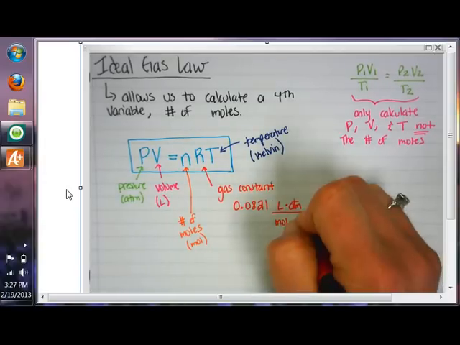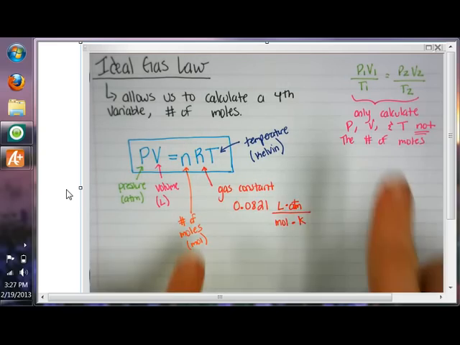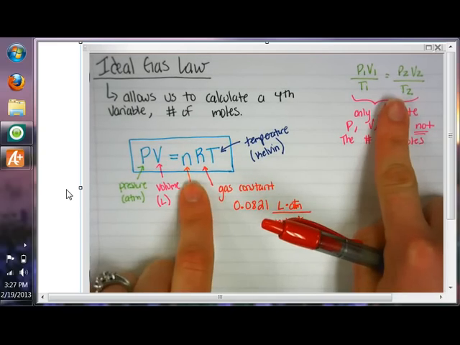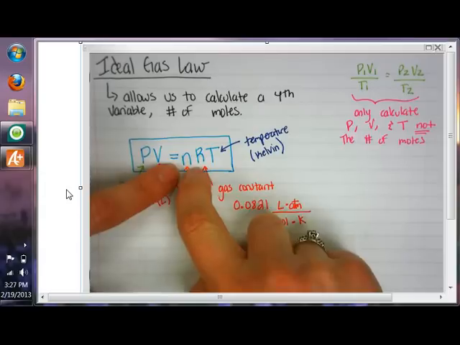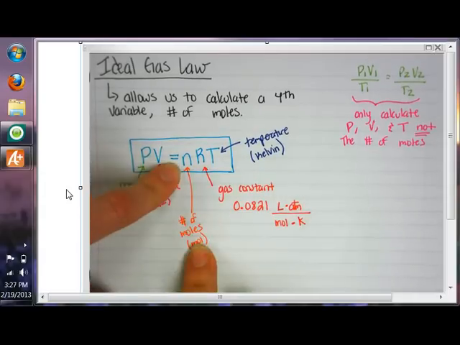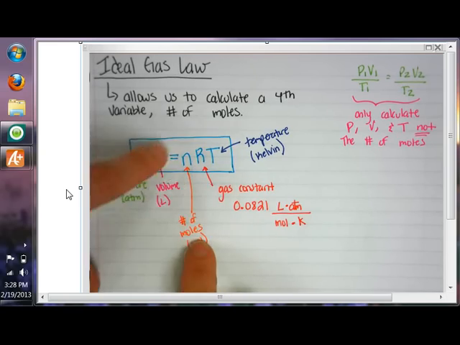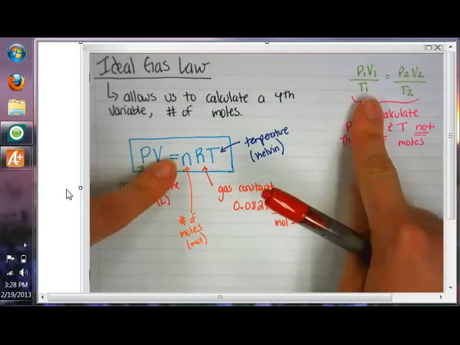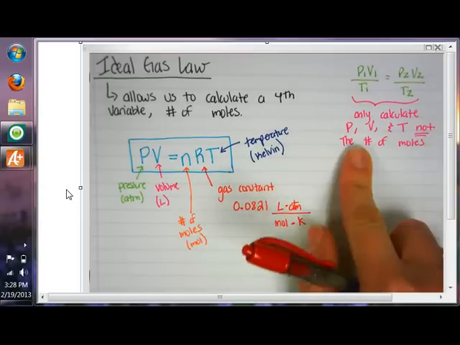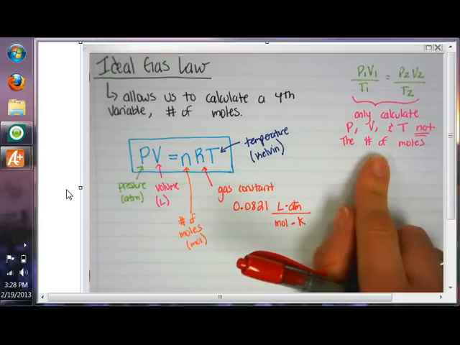So what's different about these two formulas is that the main difference is we're able to calculate the number of moles using PivNert, as I lovingly call it, whereas in the combined gas law, there's not a calculation for the number of moles.